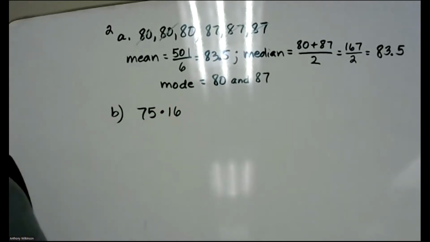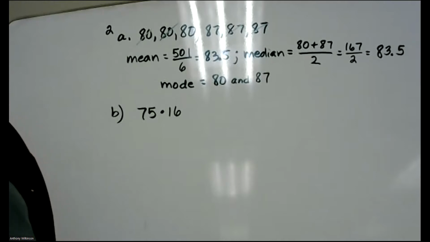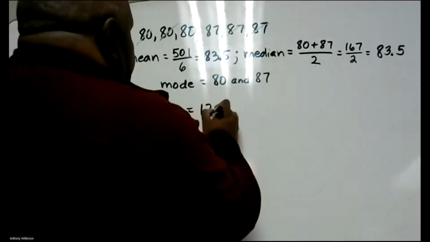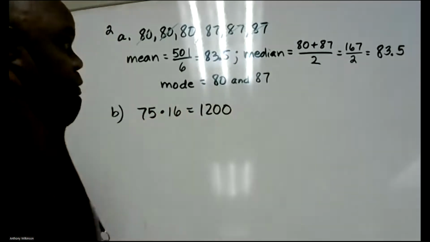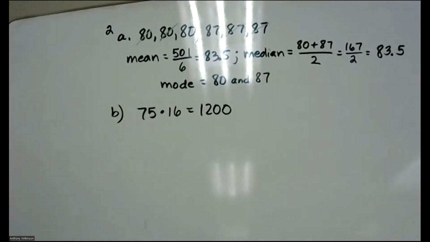Okay, so here we're going to work backwards, find the sum of those test scores. So we have to do 75 times 16. That'll be 1,200. So the sum of the 16 test scores is 1,200, and that's all they asked for.